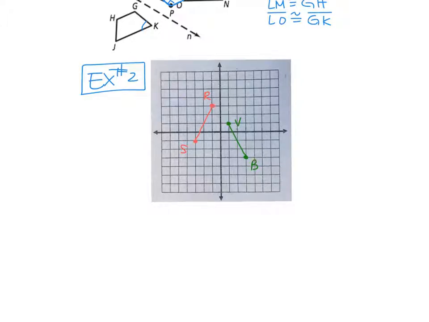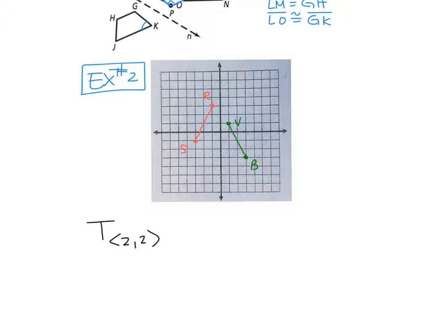Which one's our pre-image again? The pre-image is the red, RS. So we go 2 to the right, so we have +2. Okay. And then we go down. You'd go down 2. Yeah.